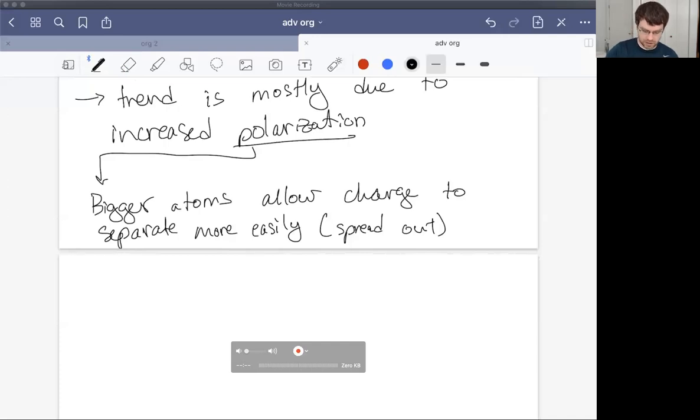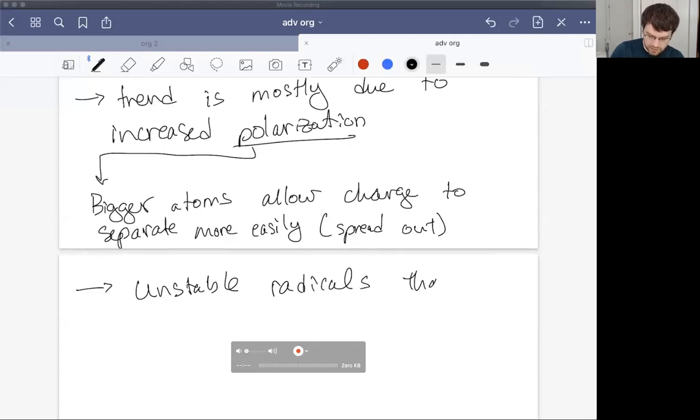Some things I could just mention are unstable radicals that are difficult to access as we're proposing mechanisms.